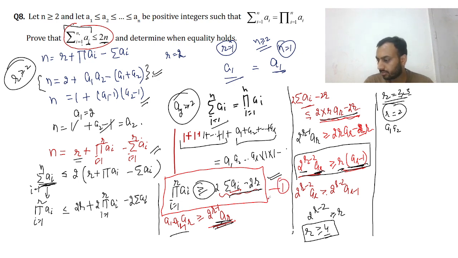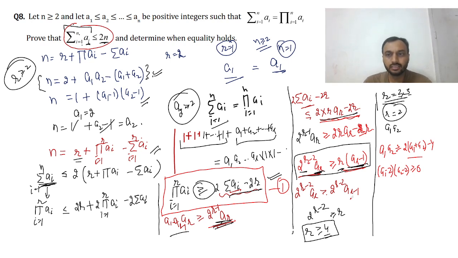If I say this is equation number 1, then from 1 we have to prove that a1 a2 is greater than equal to twice of a1 plus a2 minus 4, right? Or I can take twice of a1 plus a2 to this side, it becomes a1 minus 2 times a2 minus 2 is greater than equal to 0. I think that is always true, because a1 and a2 are greater than equal to 2. So again it is proved for r equal to 2 that it is always true.